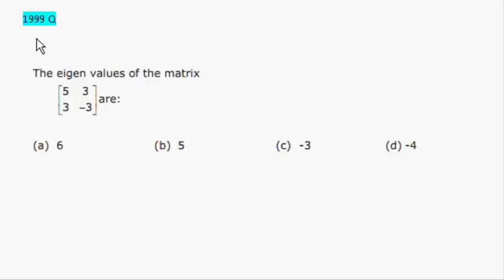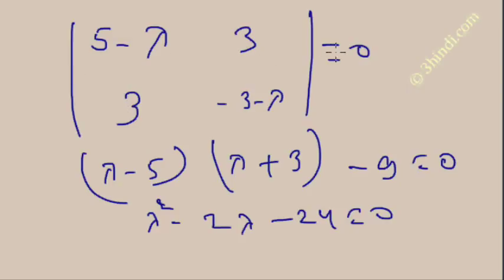This is the 1999 question. You have to find the eigenvalues of the matrix. The method is to subtract lambda from the diagonal elements and make the determinant equal to 0. This is the characteristic equation.